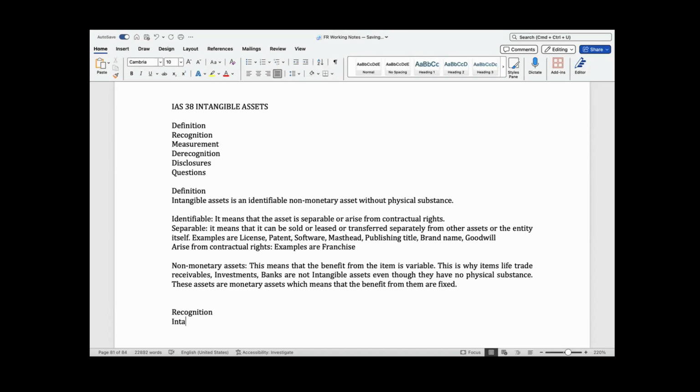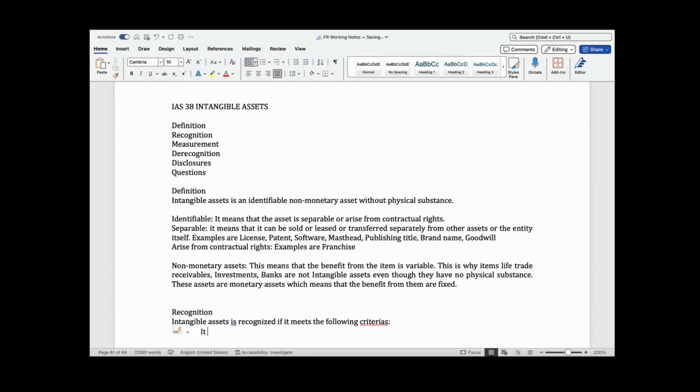An intangible asset is recognized if it meets the following criteria.